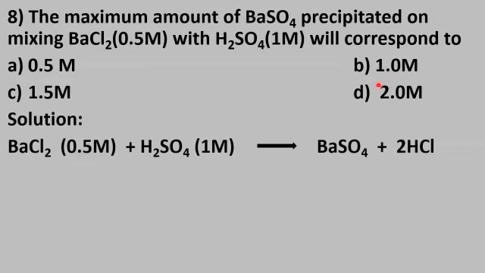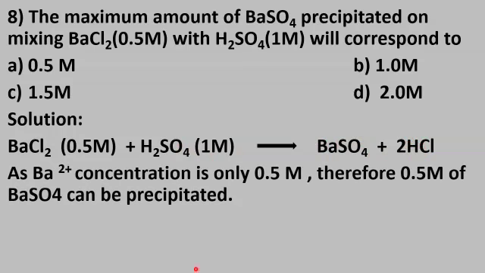Solution. So first we can write the equation for the reaction, that is barium chloride is mixed with sulfuric acid to get barium sulfate and hydrochloric acid. So as Ba2+ concentration is only 0.5 molar, therefore 0.5 molar of BaSO4 can be precipitated.